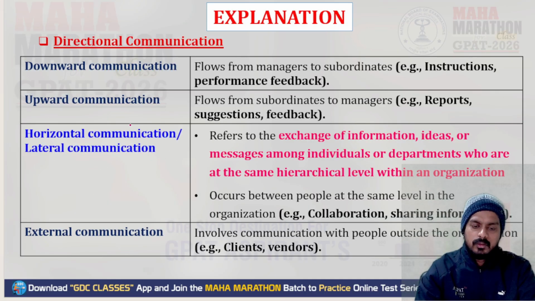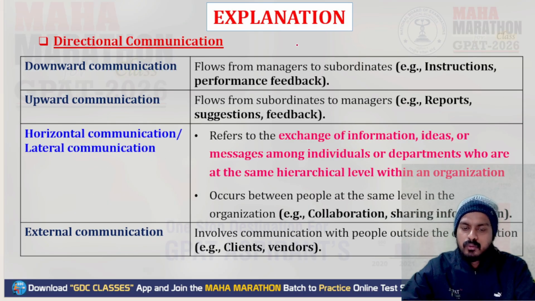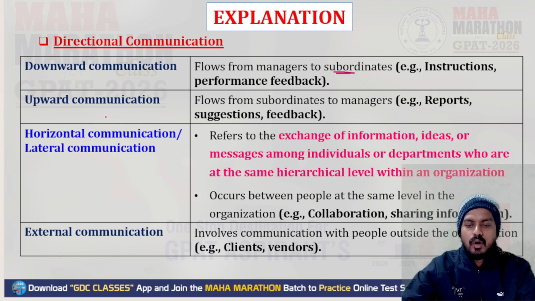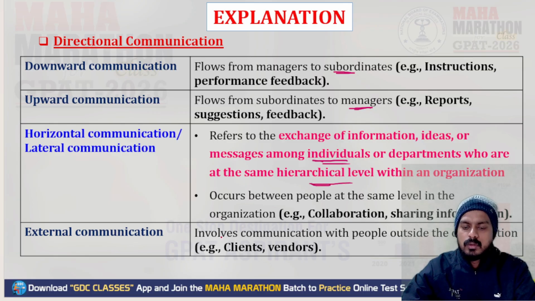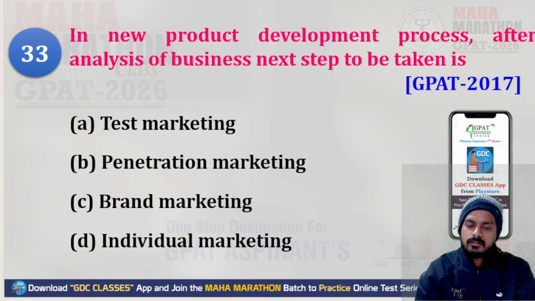Downward communication means flow from the managers to subordinates. Upward communication means flow from subordinates to manager. Horizontal or lateral communication means exchange of information, ideas, or messages among individuals or departments who are at the same hierarchy level within the organization. Next is external communication, which involves communication with people outside the organization.